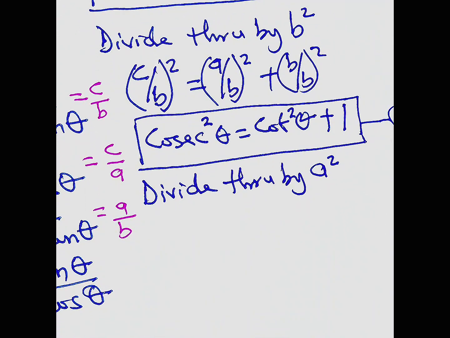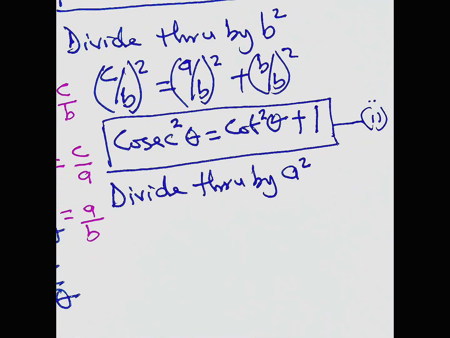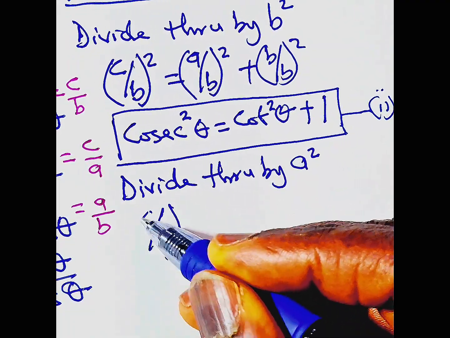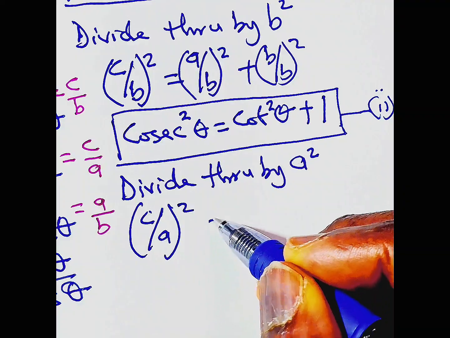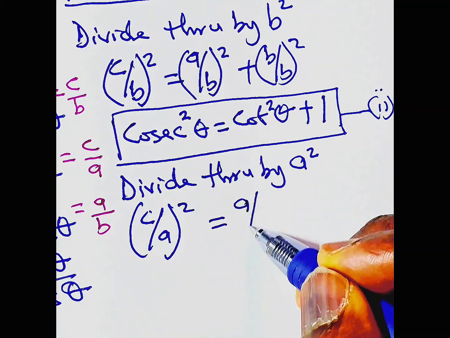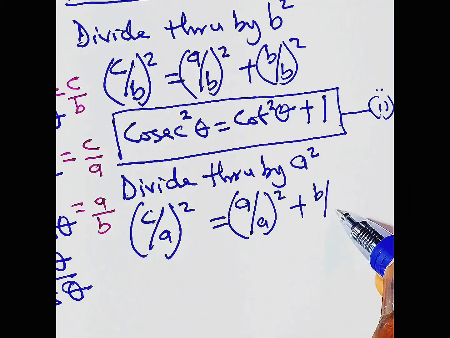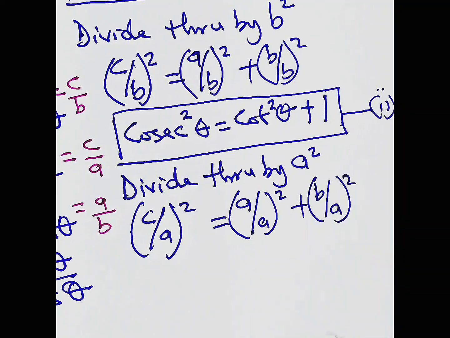The first one I'm going to do is c over a squared equals a over a squared plus b over a squared.